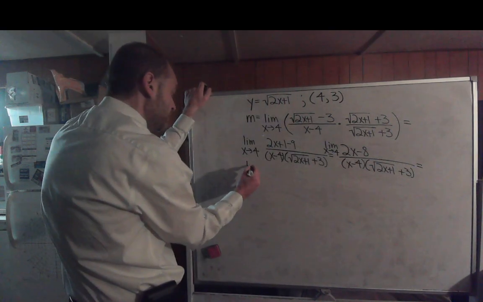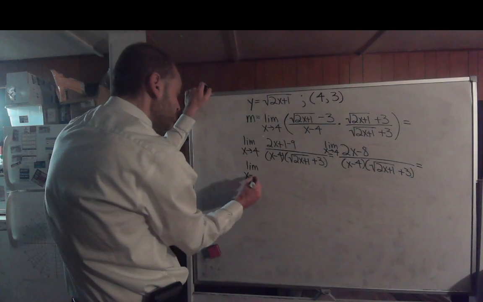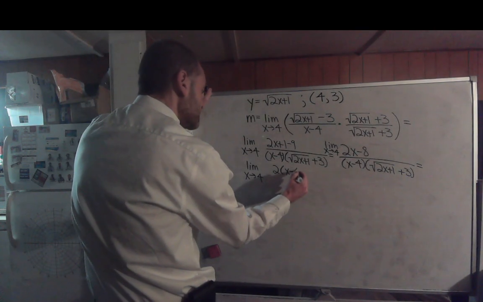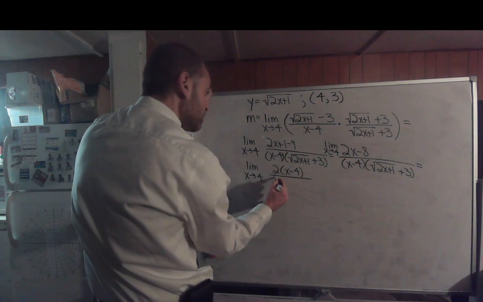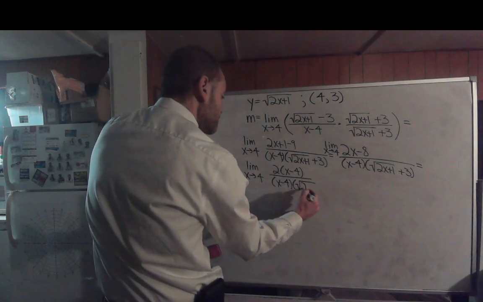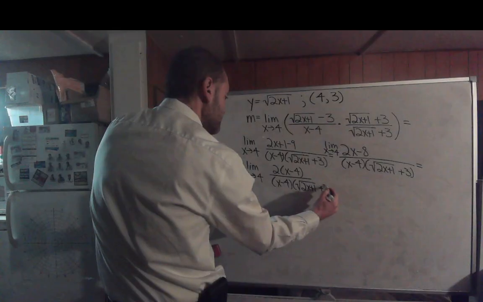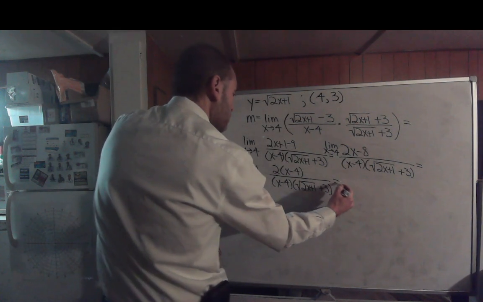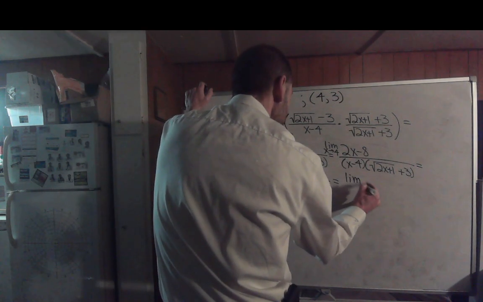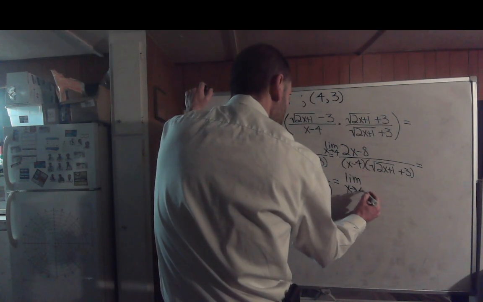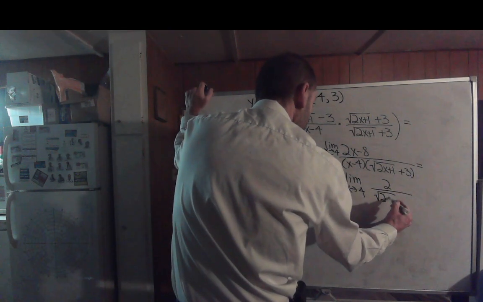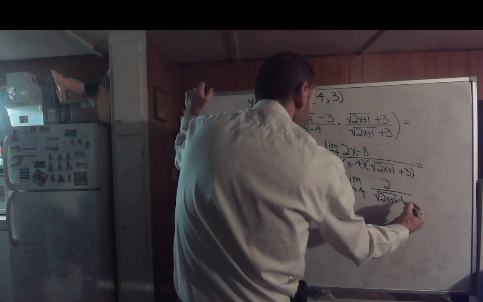Well, this would simplify into the limit as x approaches 4 of 2 times (x minus 4) all over (x minus 4) times the square root of 2x plus 1 plus 3. Notice now your x minus 4's cancel out. This would just turn into the limit as x approaches 4 of 2 all over the square root of 2x plus 1 plus 3.